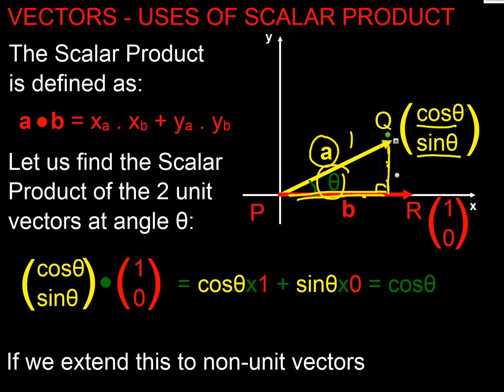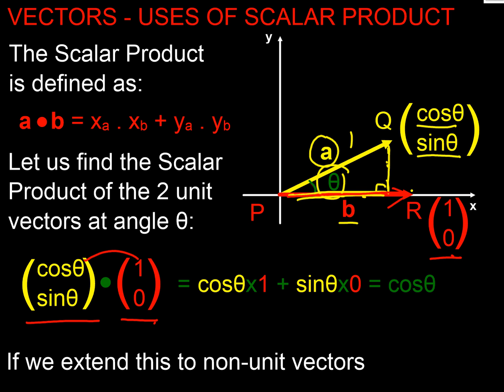And if I just stick with a very simple idea that my B vector is just going to 1, 0, just going along here to 1, 0. Well, what happens when I do the dot product of these two vectors? I've got my cos theta, sine theta vector dot product with my 1, 0 vector.